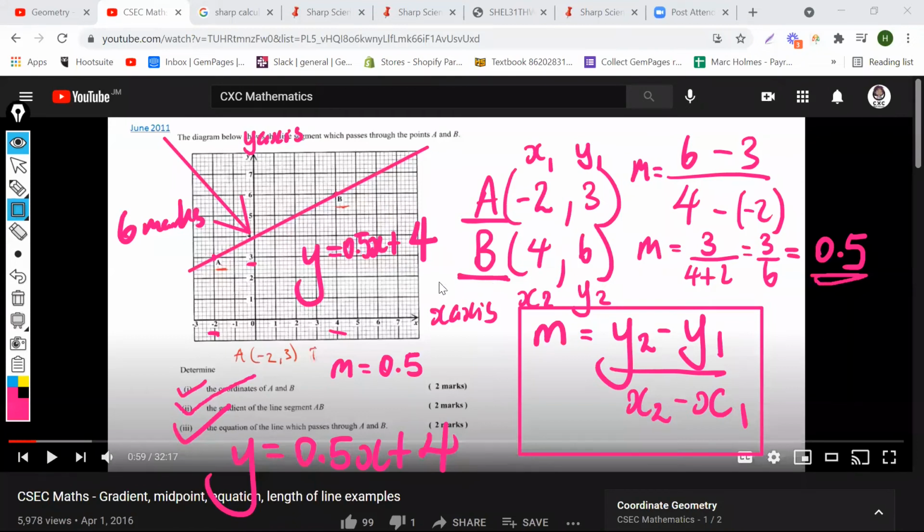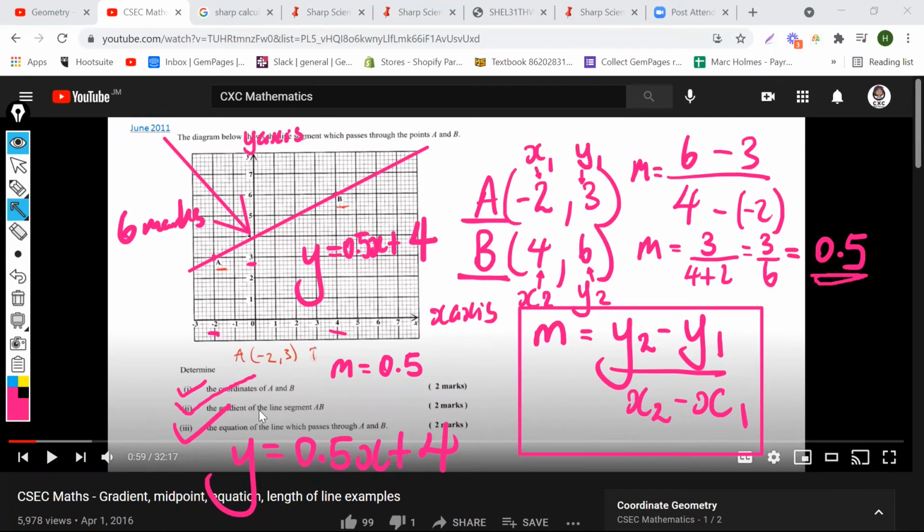And then B is the second point, so that would give you x2 and y2. Make sense? So let me draw a little arrow here. So x2 is the 4. y2 is the 6. x1 is the -2, and y1 is the 3. Those are the variables we use. That's how we find the gradient.